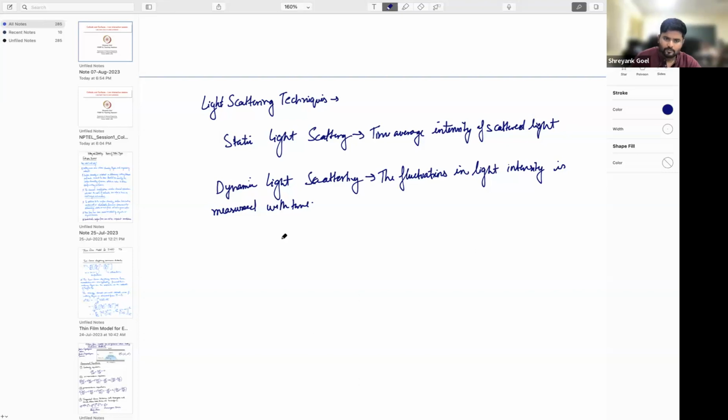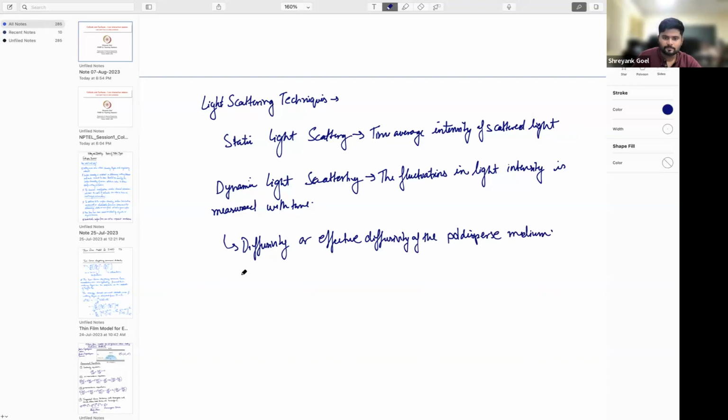From these methods, we are able to capture the diffusivity, or the effective diffusivity, of the polydisperse medium, the dispersed medium.